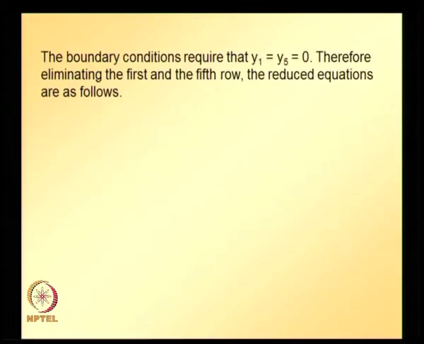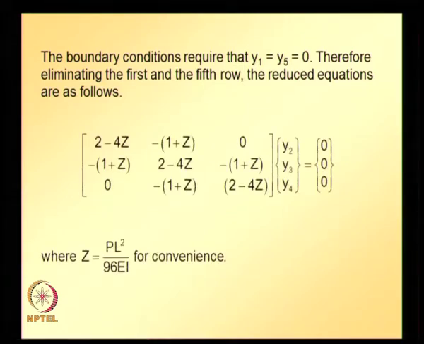Therefore, eliminating the first and fifth rows, the reduced equations can be obtained from the global equations, and here a substitution is made. Z is equal to PL square over 96 EI, and you can see here this is an eigenvalue problem.